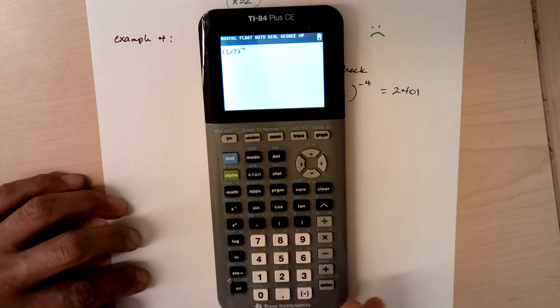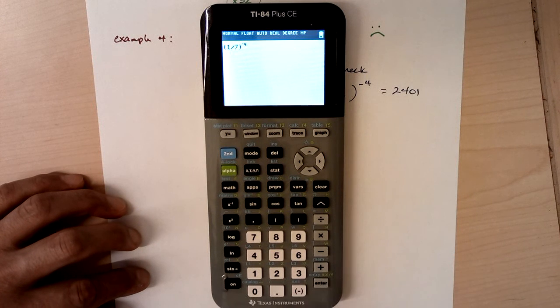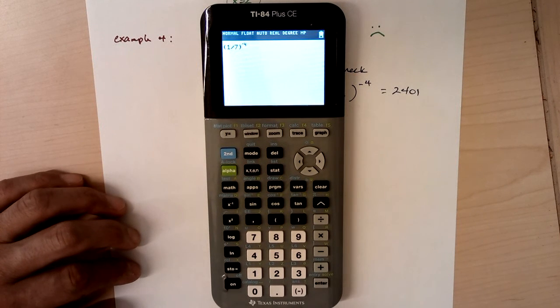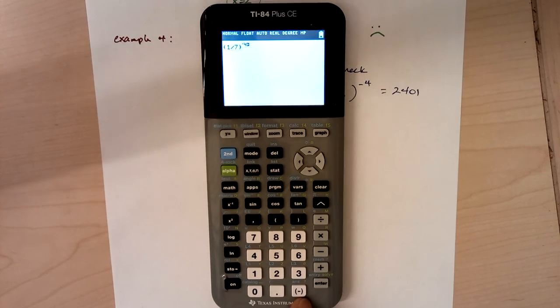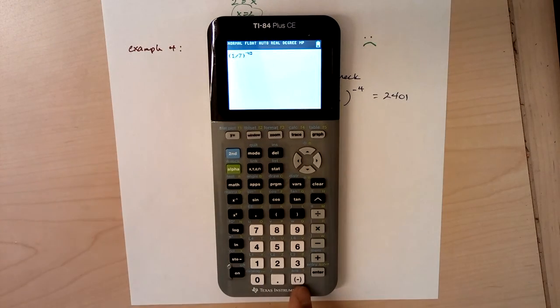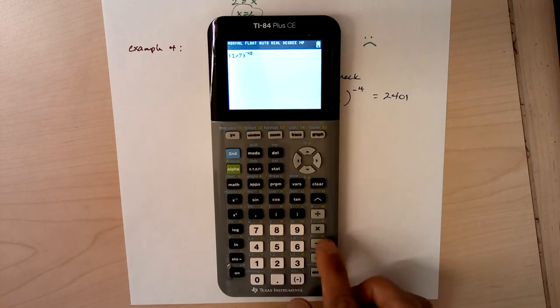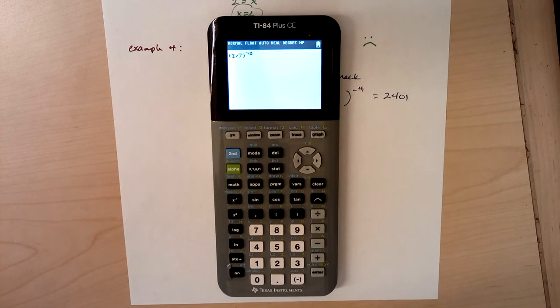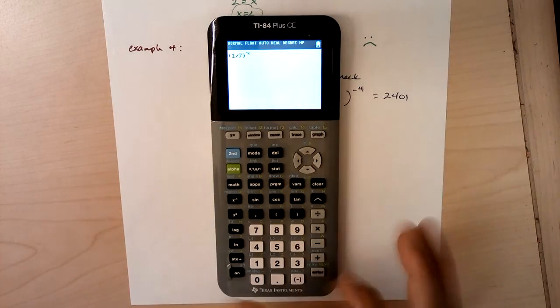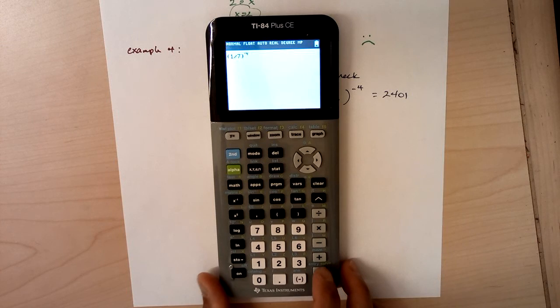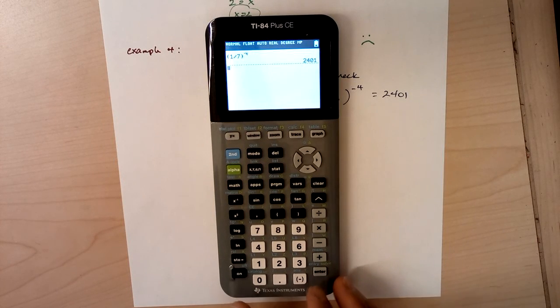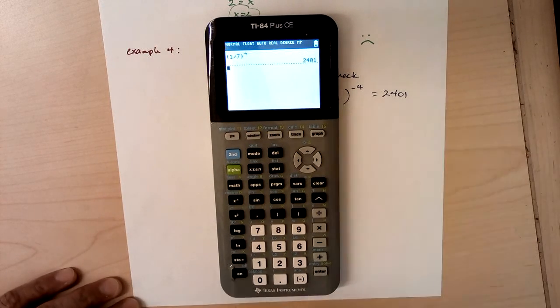Even though mathematically a negative is the same as minus or subtraction, if you can see this very bottom button here, lower right-hand corner next to enter, that's the negative. This is subtraction. Not exactly sure why it's that way on the calculator, because a negative and subtraction are really the same mathematically, but on your calculator, there are two different buttons. But I'm taking 1/7 to the negative 4th power, 2,401. That's what we had, so it does check.